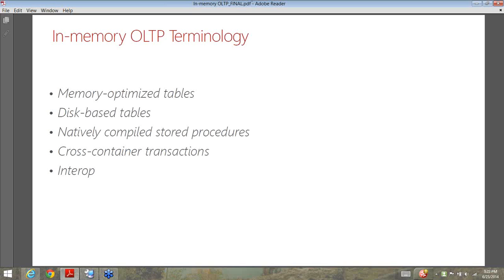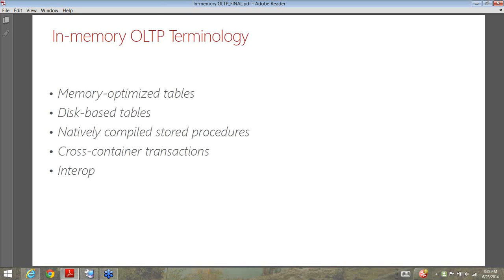Next is natively compiled stored procedures. So again, I already mentioned this. This refers to an object type which is supported by only in-memory OLTP or only in-memory tables, I should say, right? And this is compiled to machine code, and this has the potential to increase the performance even further, right?